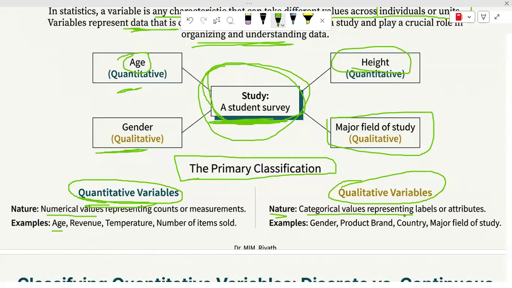Which fruit do you like most? I like banana, I like mango. What color do you like? Green, red, yellow, blue. It has no order. It's a category representing labels or attributes.